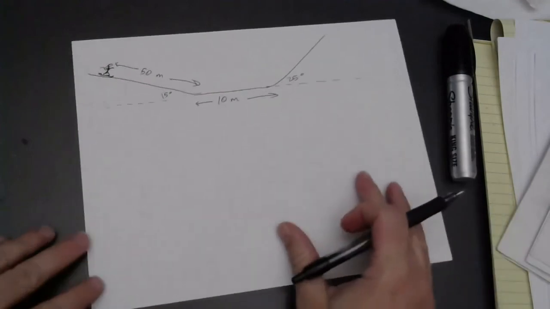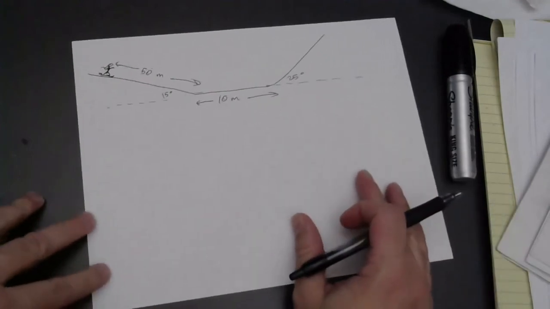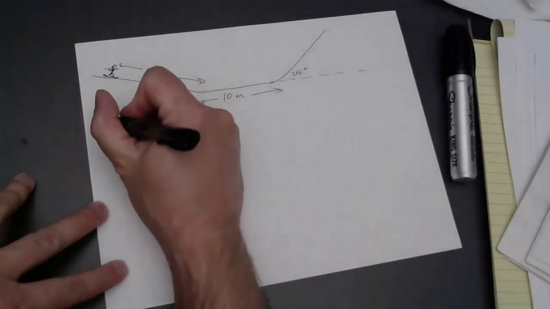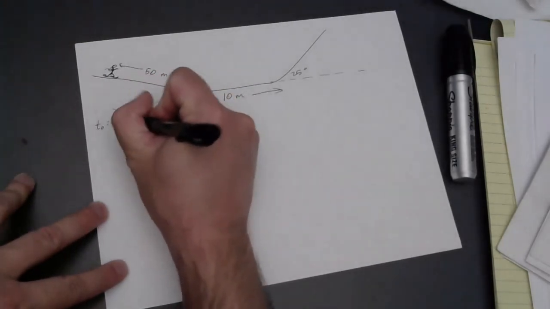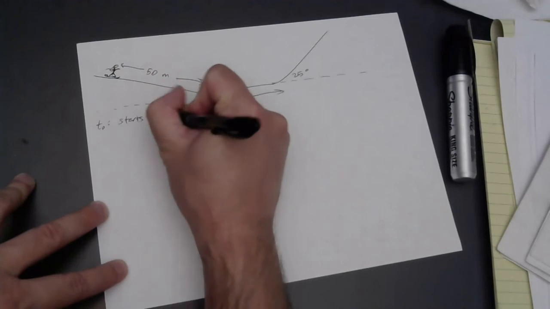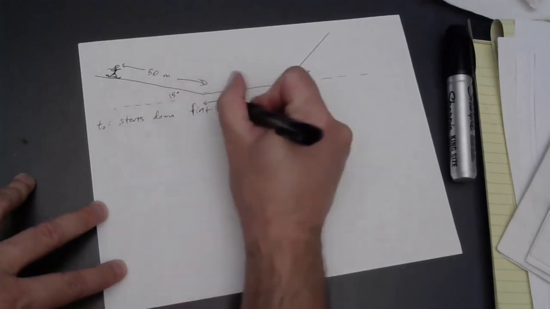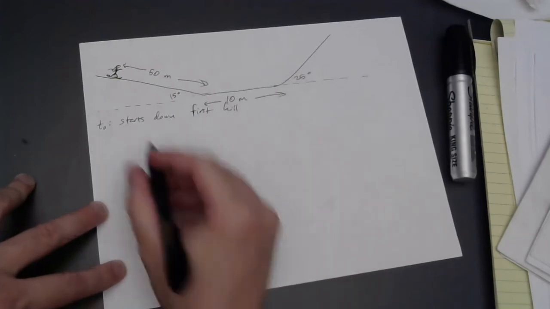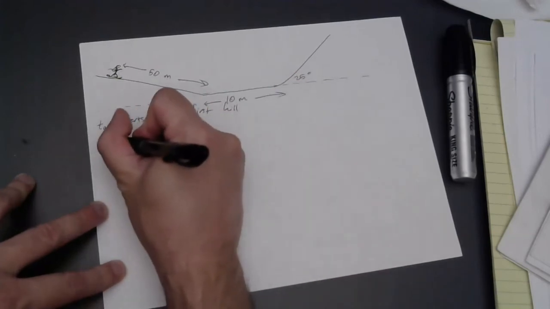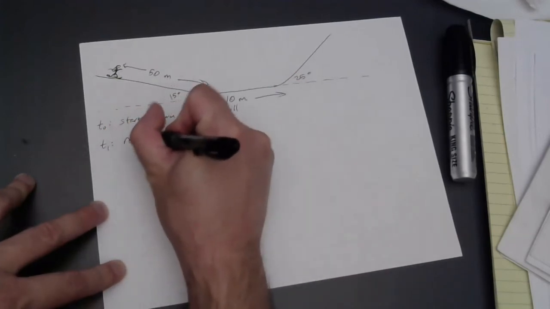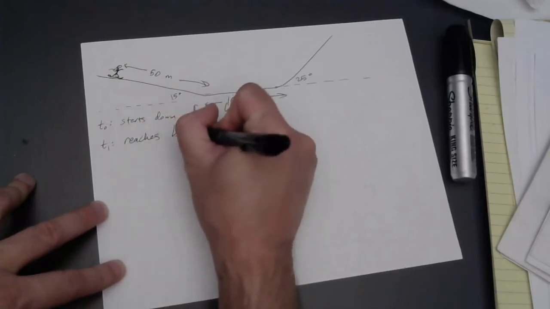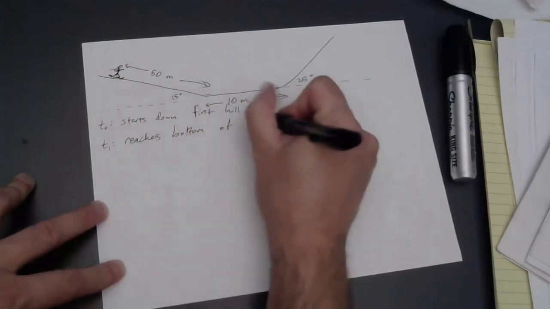Okay, as usual, let's pick some labels for times. We could say T0 starts down the first hill. T1, she reaches the bottom of the first hill.